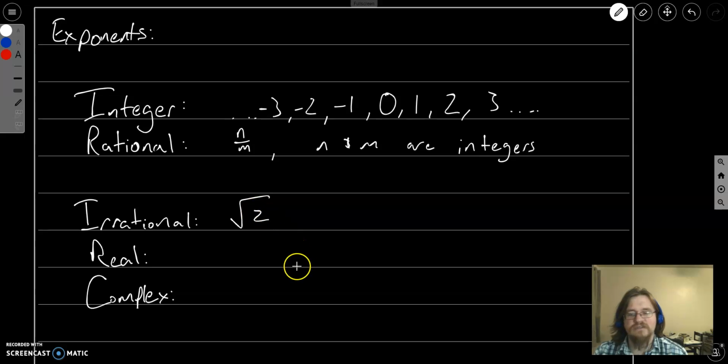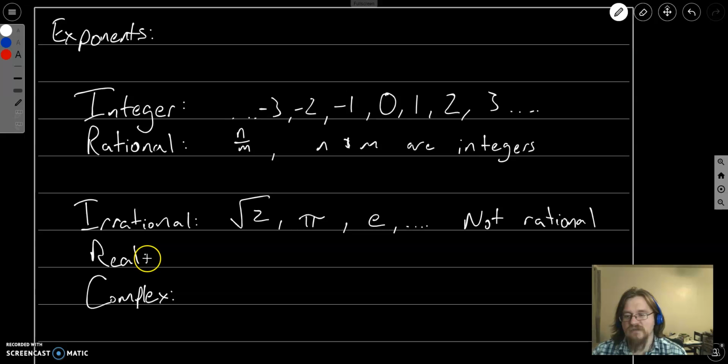So, for instance, the square root of 2 is irrational, a famous irrational number. Pi is another irrational number. E is another irrational number, and so on. Essentially, irrational numbers are any number that is not rational.